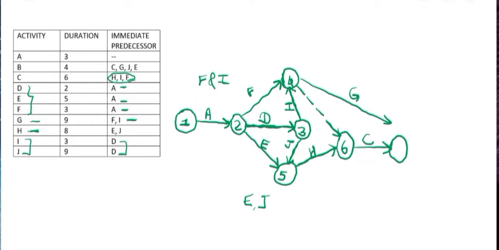So this is at node 6, H, I and F have been connected, and then we can show the arrow for activity C. Now I'll just erase this arrow for activity G and connect it with the same node as that for activity C.